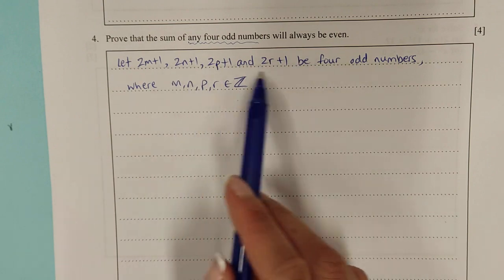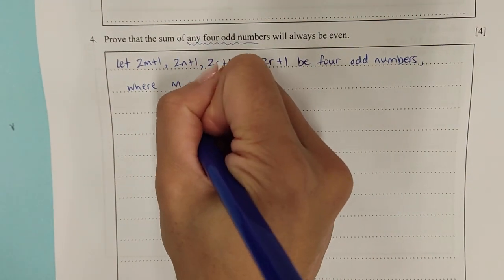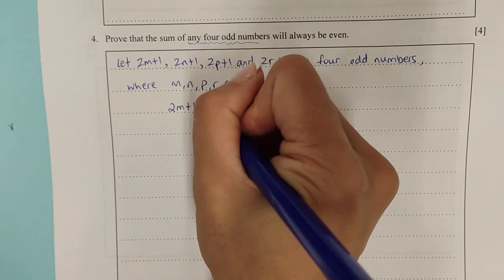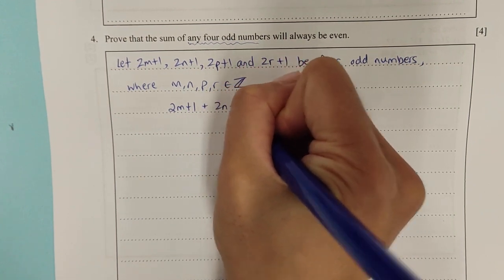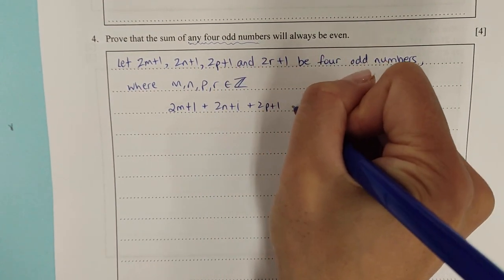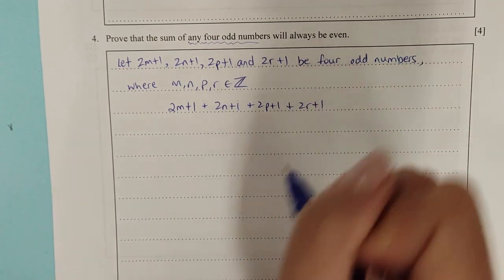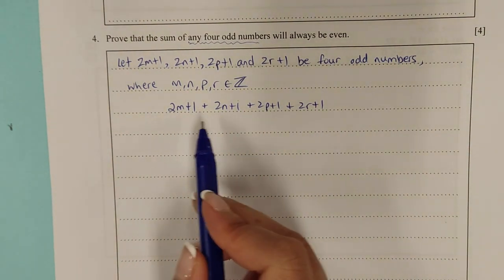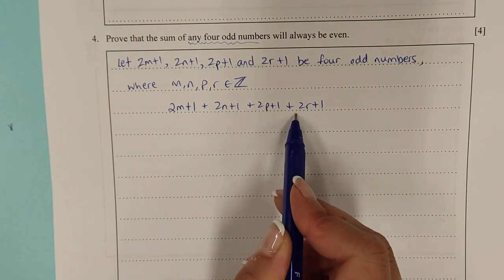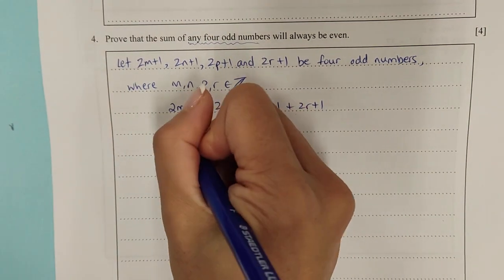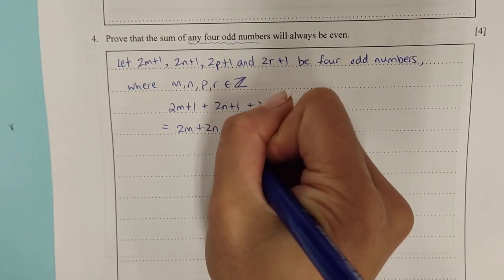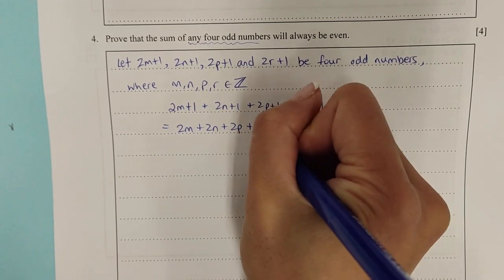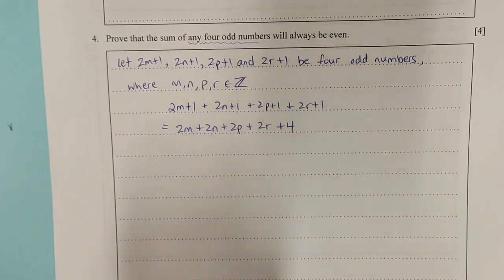Now I want to take the sum of these numbers, so I'm going to add them together. 2m plus 1 plus 2n plus 1 plus 2p plus 1 plus 2r plus 1. Let's combine our like terms. So I'm going to get 2m plus 2n plus 2p plus 2r plus 4.